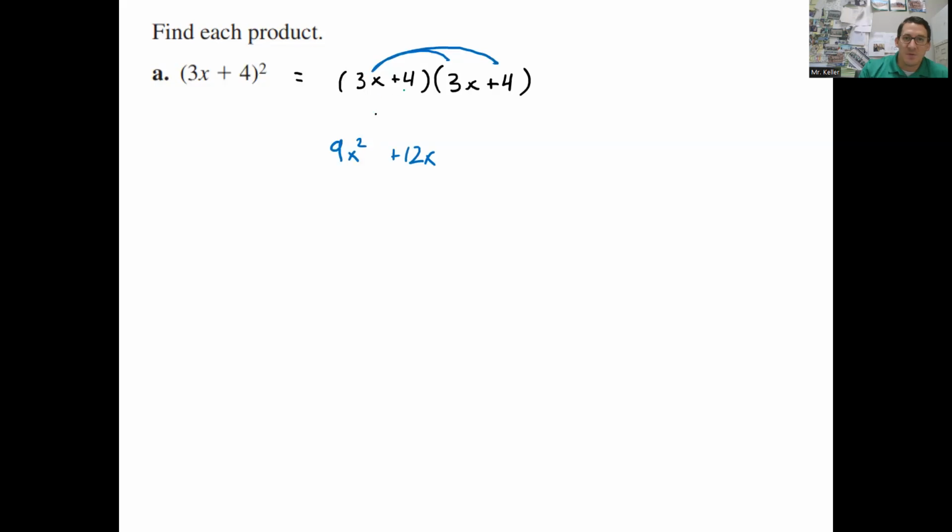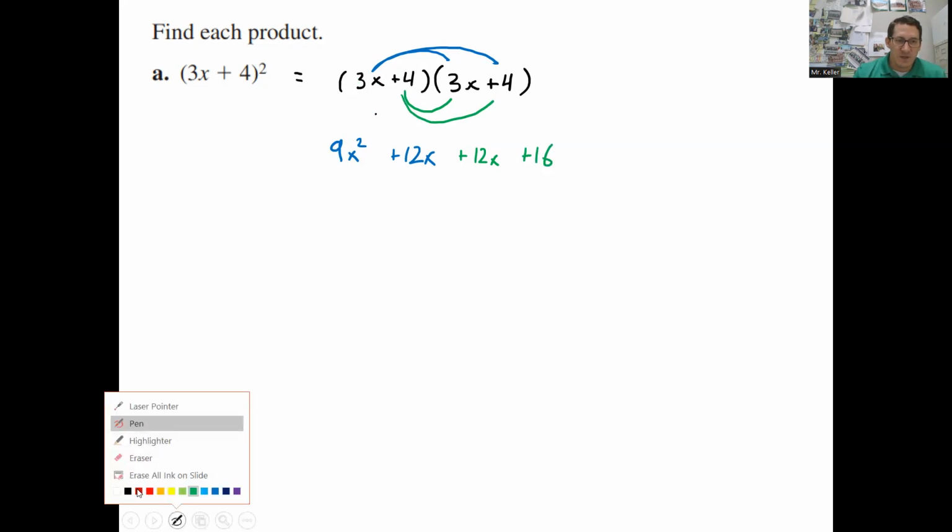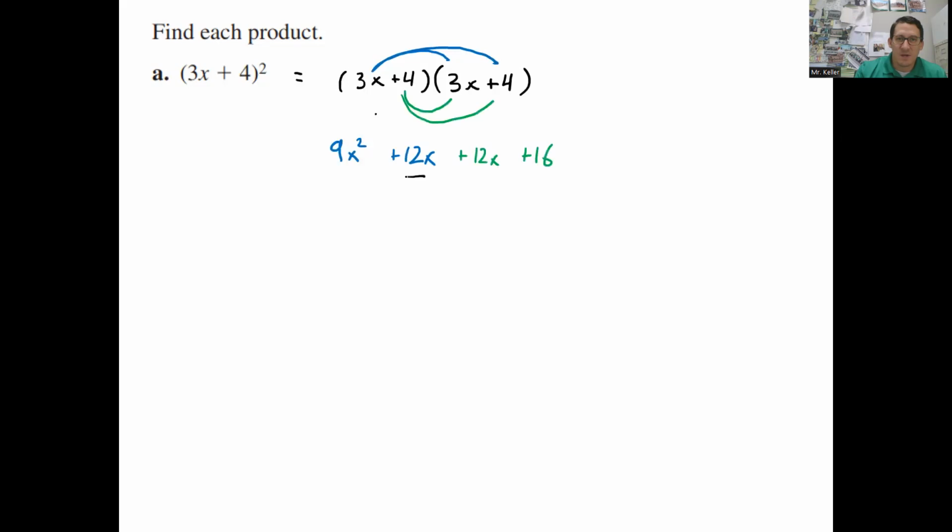Next, on the bottom, I'm going to do 4 times 3x, that's a 12x again, and then 4 times 4 is 16. So distribute the first term, distribute the second term, and then if we do everything correctly, we've got like terms in the middle. So 9x squared, 12x combined with 12x is 24x, and then plus 16. Done.